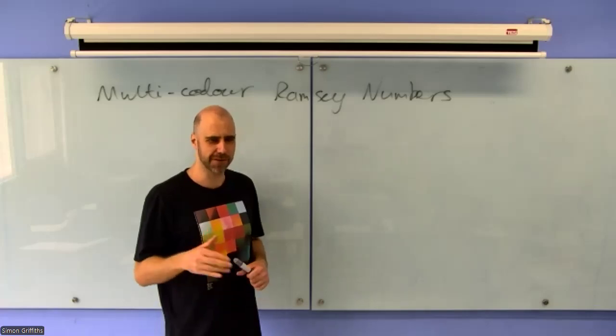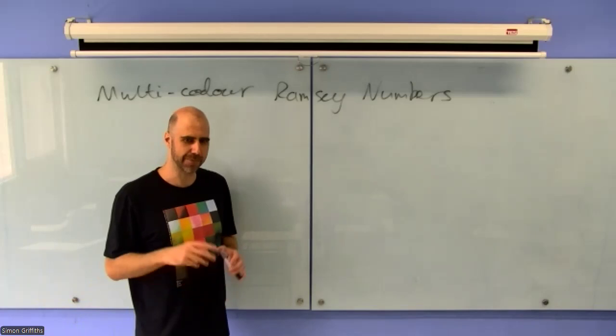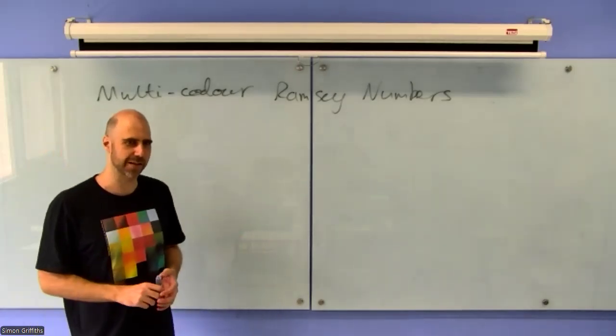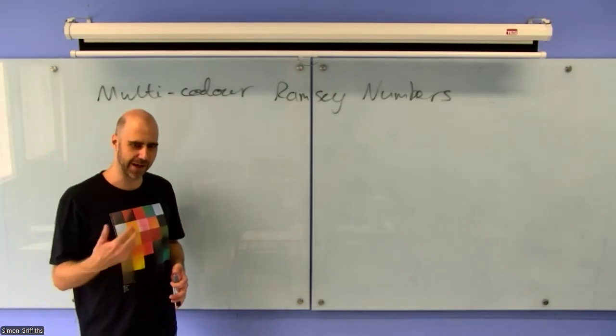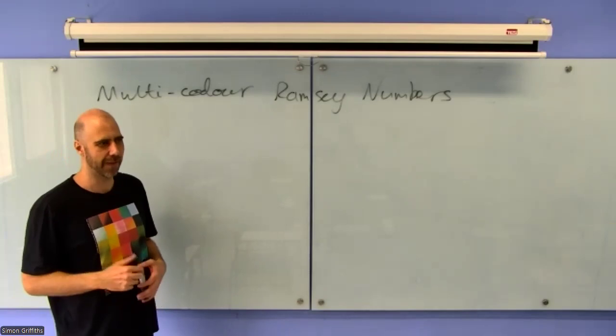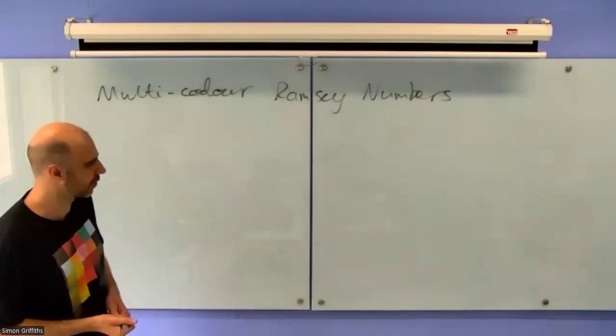We're going to try and focus a little bit more on multicolor Ramsey numbers, and in particular, a recent paper which went on the archive last week, which gives an exponential improvement on the upper bound. And that will be the main focus of this sort of mini course.